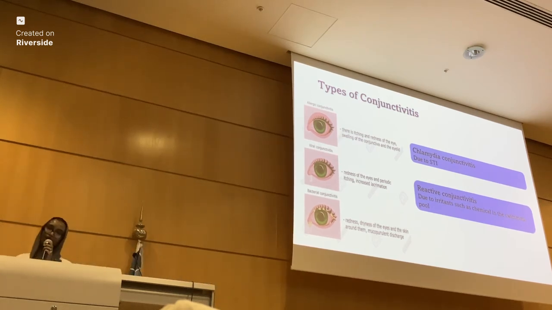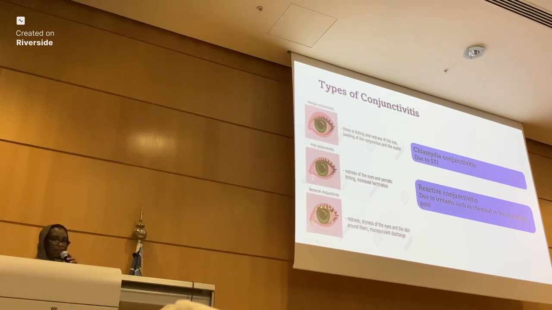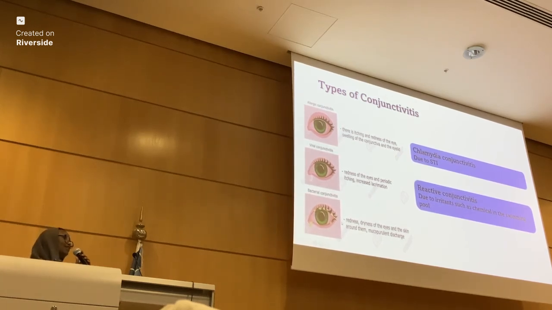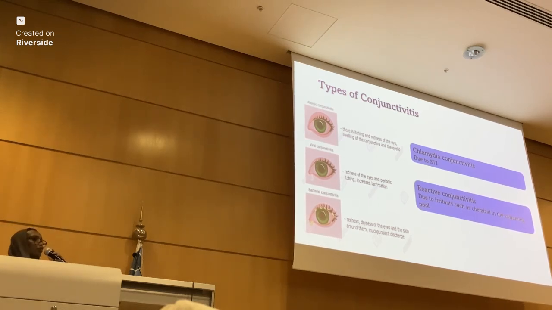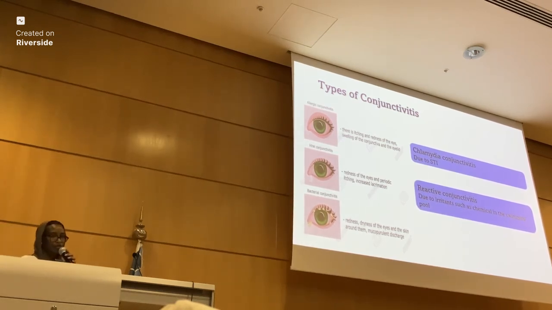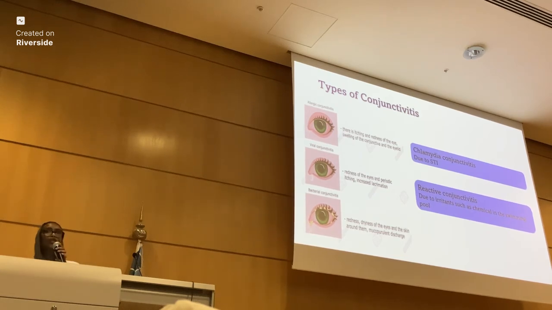In bacterial infection, of course, you have very clear, distinct characteristics: you see a yellowish or mucopurulent discharge. That clearly tells you it's a bacterial infection. In viral infection, you get more watery discharge due to increased lacrimation.